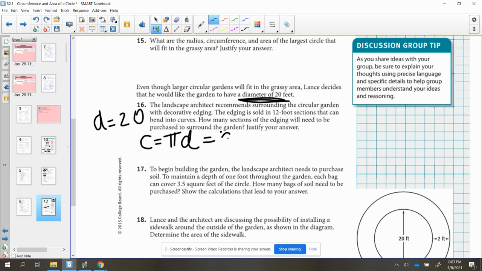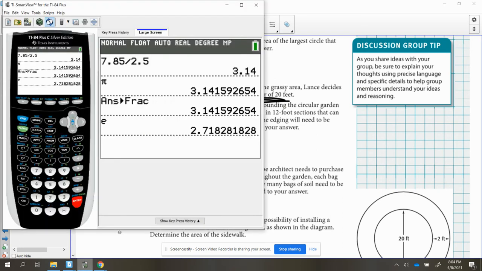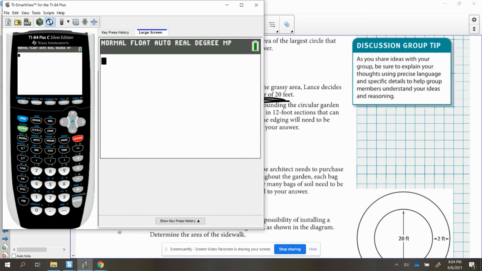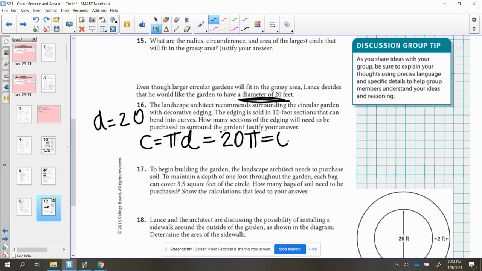So we're going to take 20 times pi to get our final answer. That would be the exact answer, but if we're looking to round to the nearest tenth, we're going to type in 20, and make sure you don't just use 3.14, but actually use the pi button on your calculator to get the best approximation possible. So 62.8. Okay.